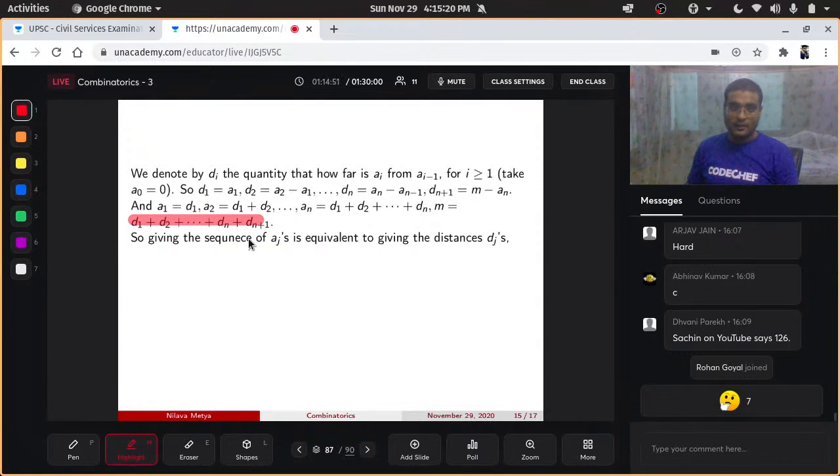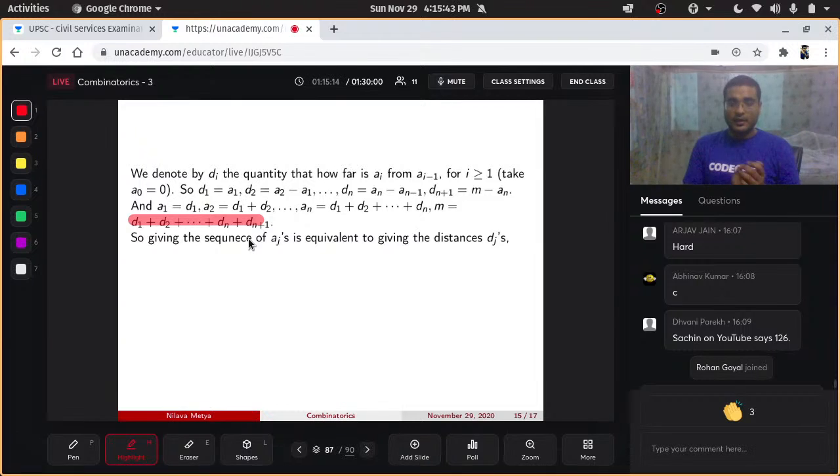So what it reduces to is finding these AJs. Giving you the milestones is the same as giving you the consecutive distances between each pair of adjacent milestones.